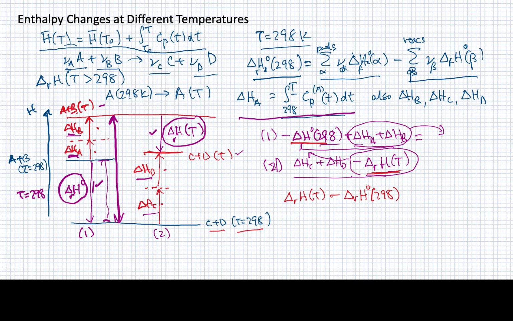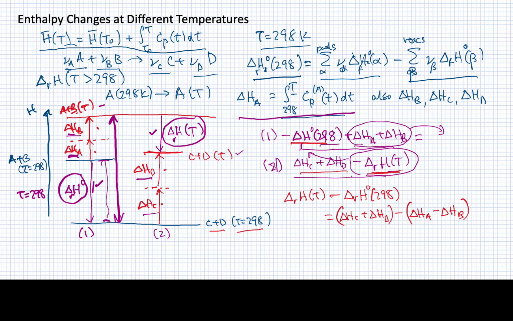And then on the other side, I'll have these two quantities, delta HC plus delta HD, minus delta HA minus delta HB. All right, so I basically have the products minus the reactants.